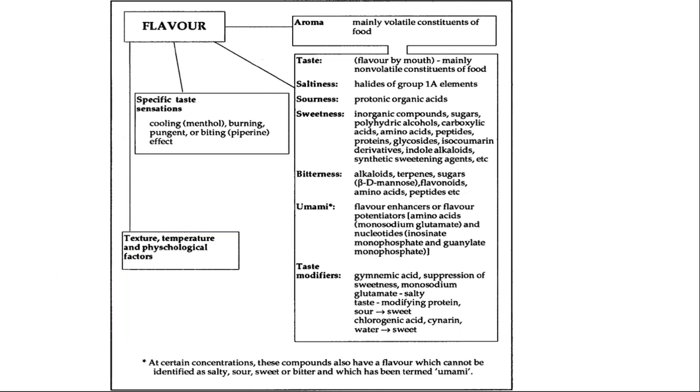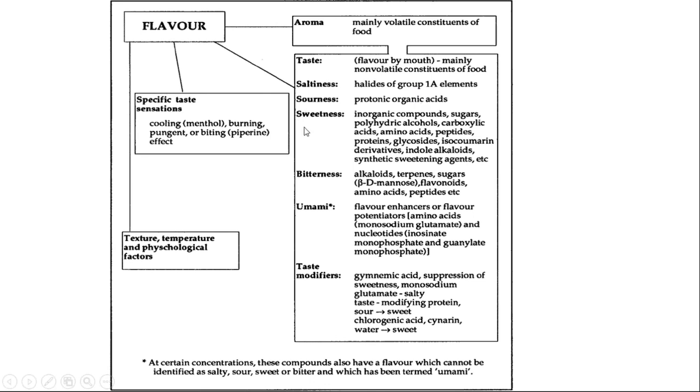So in the flavor and these flavor enhancers, in our taste buds on the tongue, we have different parts of the tongue catering to different tastes. Now, you can enhance specific taste sensations of the products, like saltiness, from the halide groups of 1A. The sourness is a result of organic acids, like citric acid or tartaric acid.